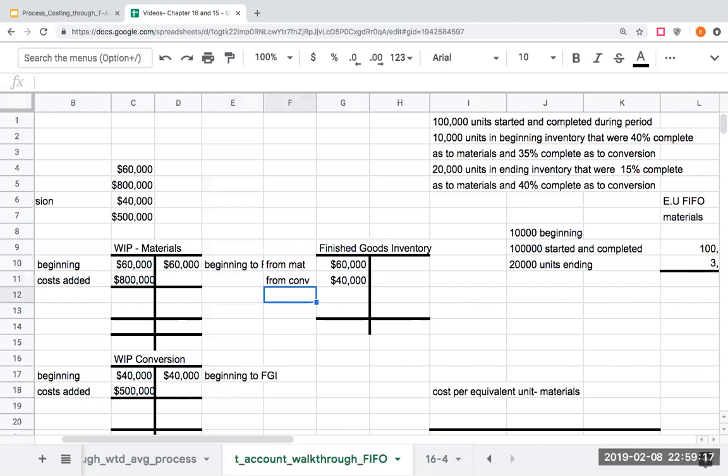What we're really left with here is this 800,000 and then this $500,000 cost.